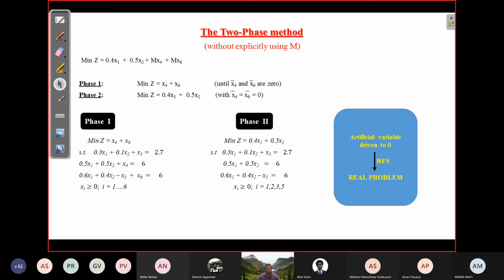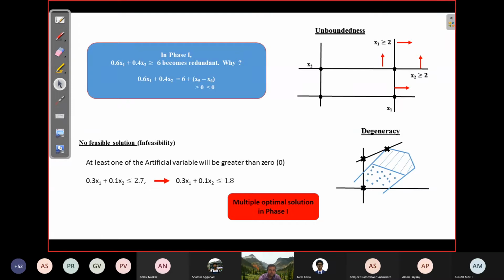So you were supposed to solve it on your own and show me your solution, whether you are getting the same solution and the path of the simplex method. Have you done it? I did it, sir. Okay, so what have you got? Like if I go back to the graph, say.